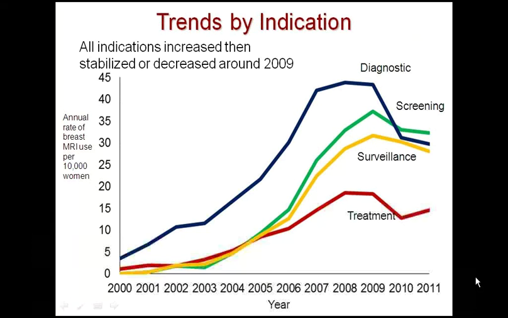So here, applying our prediction model, these are the trends by indication, again in the same time frame. You can see that all indications are increasing over time. Diagnostic use was the highest, used the most prior to 2009.